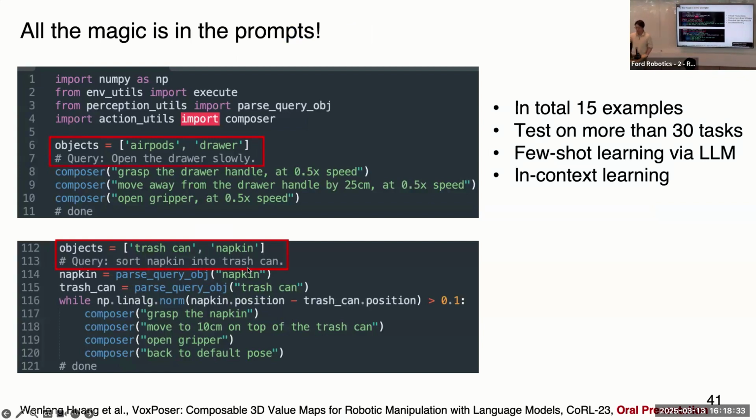All the remaining code is generated by the large language model. It can actually generate code that contains a while loop. The while loop essentially detects the distance between the napkin and the trash can. As long as they are further away than a certain distance threshold, it will constantly detect where the napkin is, where the trash can is, and redo the task. So that allows the robot to be robust to the external disturbance.